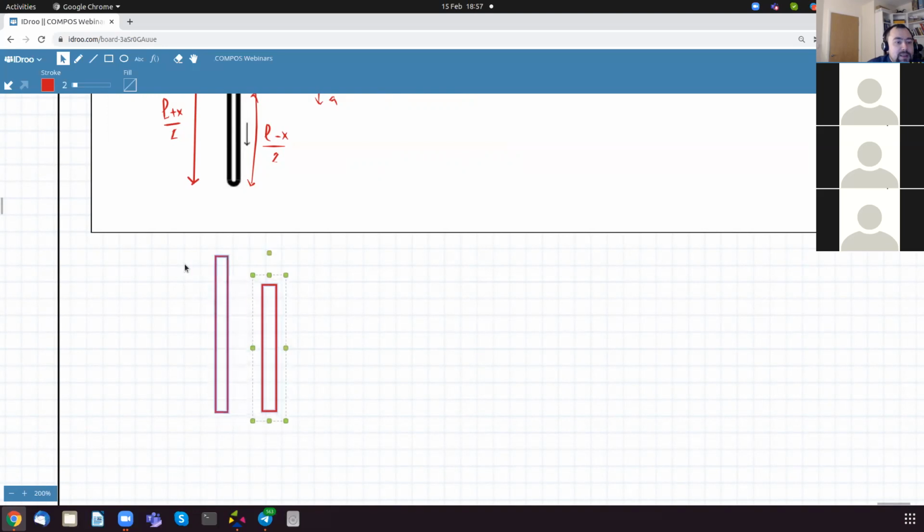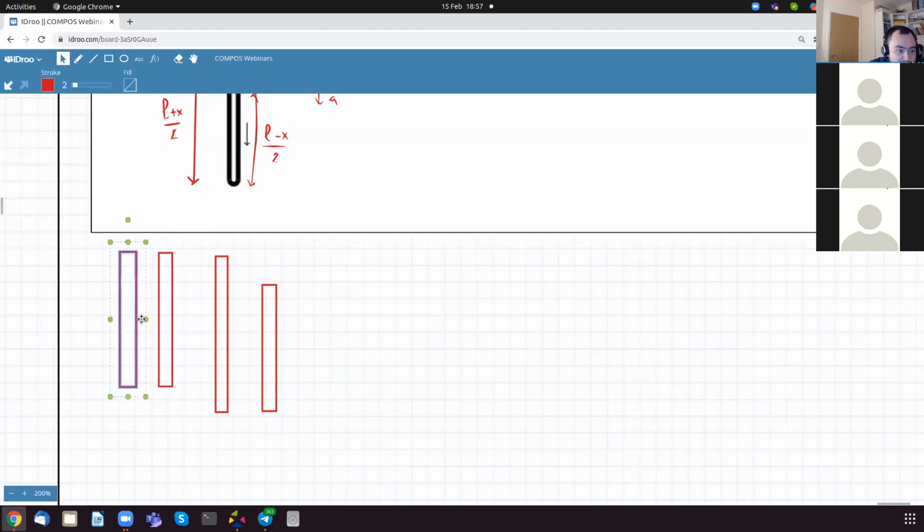Piece of rope. Initially, the ropes were like this. They were of equal length, and they were side by side.